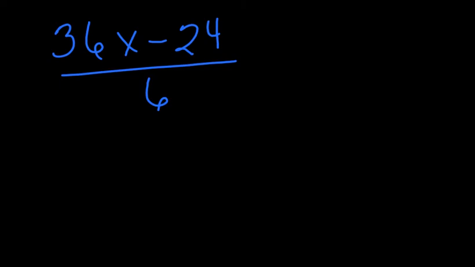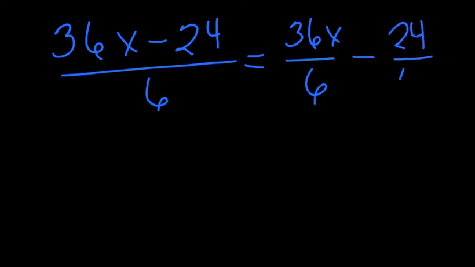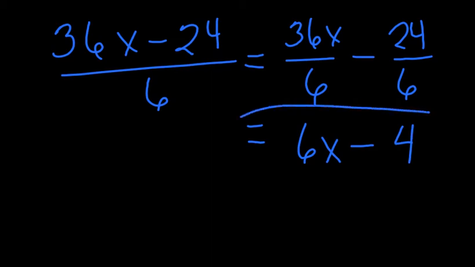Option number 1 is to split those 2 apart and go 36x divided by 6 minus 24 divided by 6. Then you would say 36 divided by 6, well, that's 6. There's that x still. 24 divided by 6, that's 4. That's one option to work it. That is the correct answer.